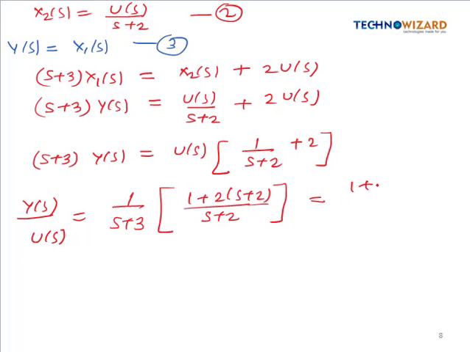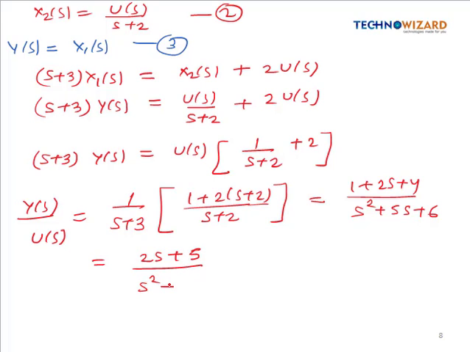So this is 1 plus 2 of s plus 4 divided by (s plus 3) into (s plus 2), which is s square plus 5s plus 6. So we are getting the value as (2s plus 5) divided by (s square plus 5s plus 6). So this is the value of the transfer function.